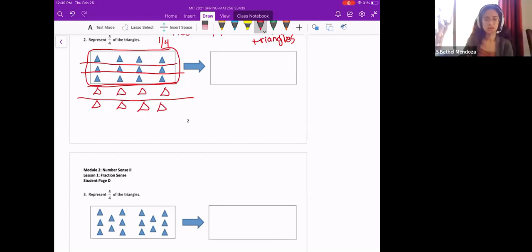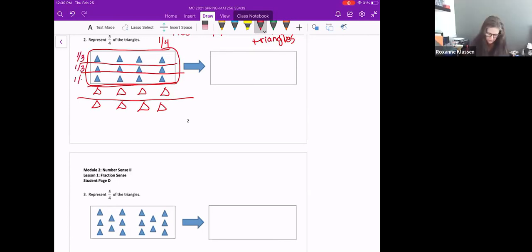Is it 1/3? Yeah, so these would just be thirds. But I don't want thirds, I need fourths. Does that make sense, Hannah, why we can't just split it horizontally? Because we split it into 3 groups. We didn't want to split it in groups of size 4. We wanted to split it into 4 groups.